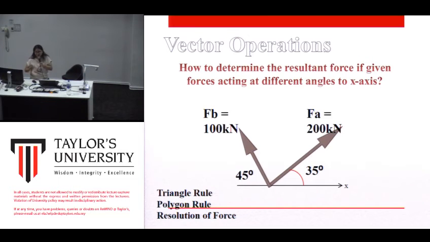There are a lot of different ways to solve these questions. We can use the triangle rule, polygon rule, and resolution of force. What I will do in this class is more on resolution of force. The overall idea of vector operation is to resolve the force into x and y axis. It must be in x and y components.